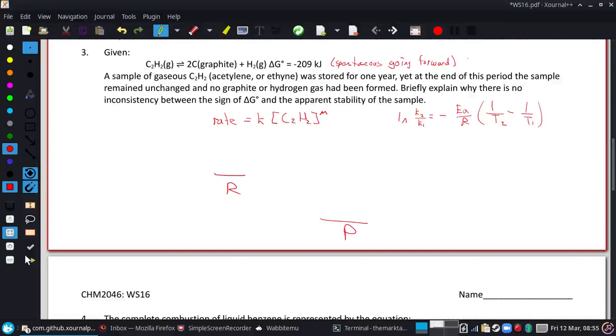But the activation energy is kind of like the hill on this reaction. It's the energy we have to put into it before we can get to those products. And that's what's happening here. So the reason the acetylene is still stable and nothing's happened to it is because it was properly stored. It's actually kind of like the gas in your car.